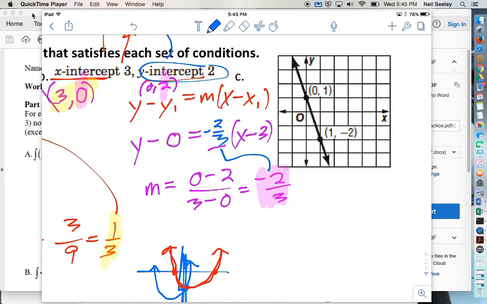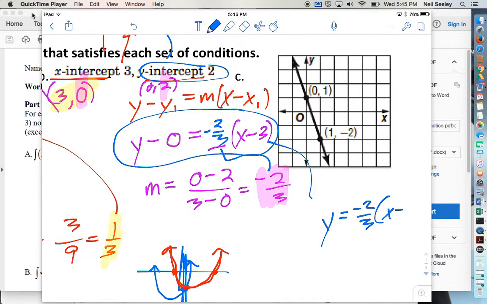Is it really easy to solve in this one? Sure. If I get y by itself in this finished equation, it wouldn't take much effort to say, hey, that's y equals negative 2/3 x minus 3. It also wouldn't take much effort to distribute that negative 2/3 and write it as y equals negative 2/3 x. And then when you take 2/3 times 3, can you see the 3's canceling?